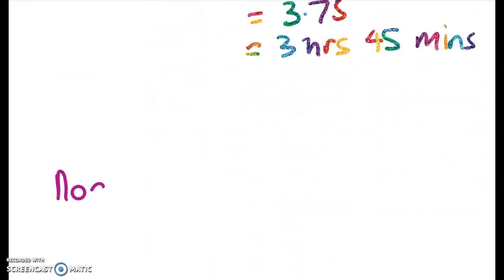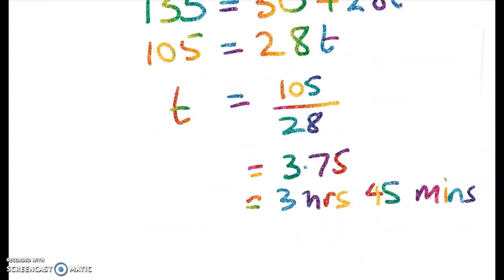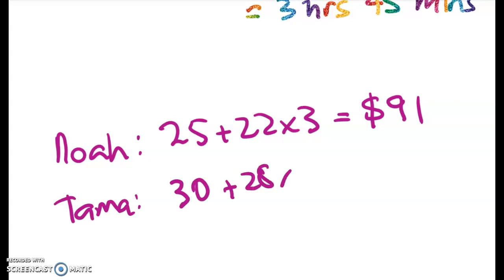Okay, so Noah is going to be 25 plus 22 times 3, which is, how close did I get? Let's see, 66. Oh, not bad, $91. What did I estimate? I estimated 90. Yep, I think that's right, 66 and 25. And Tama will be $30 plus 28 times 3.